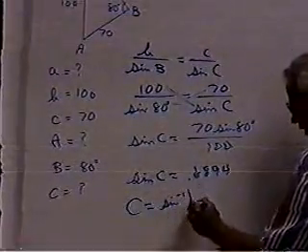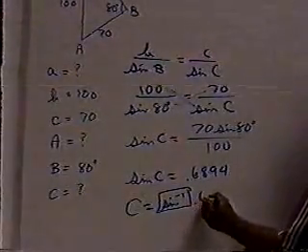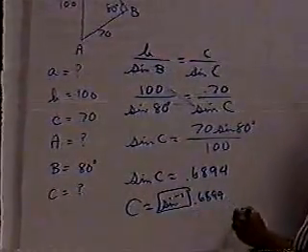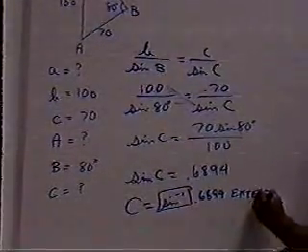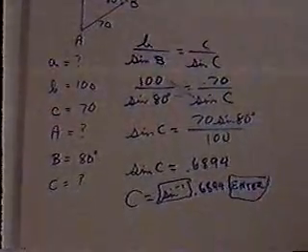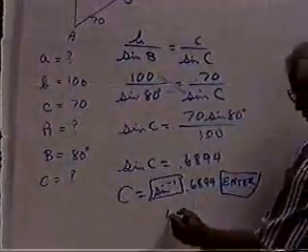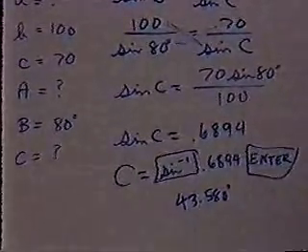Inverse sine button, which is second sine, 0.6894, and then enter. And we get 43.580 degrees.